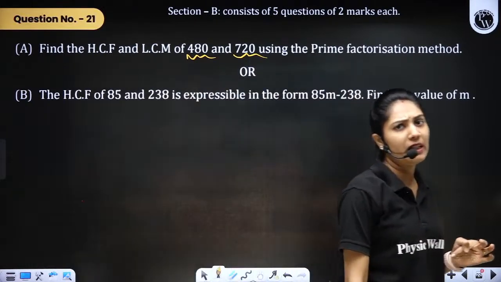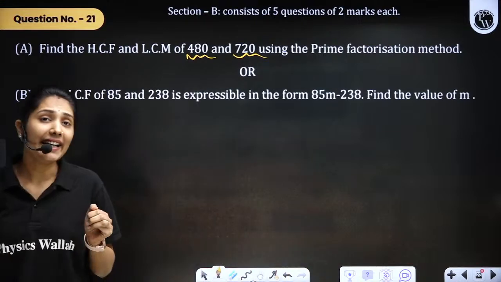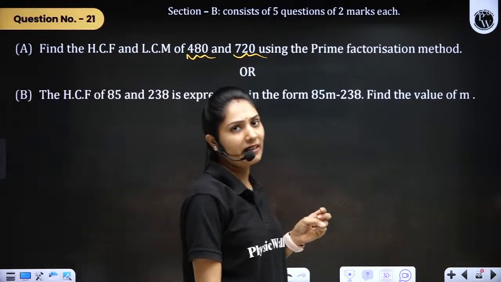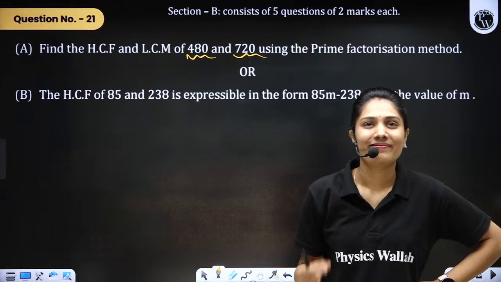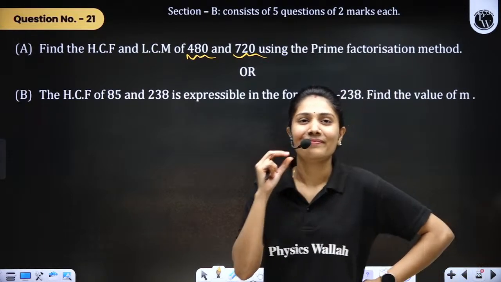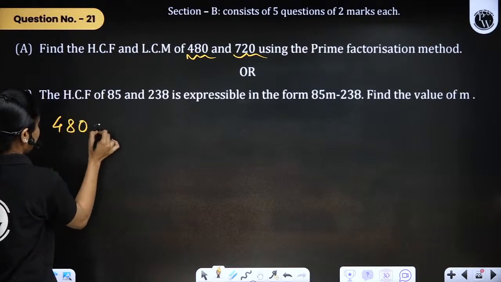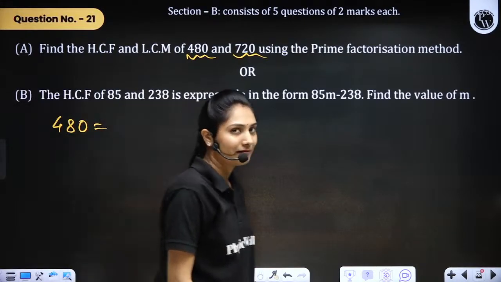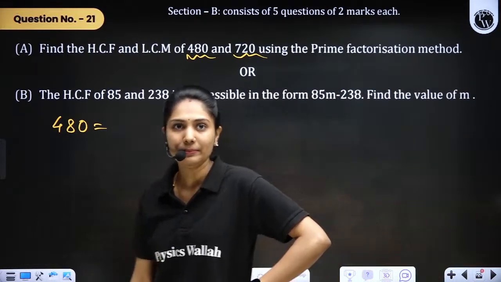Tell me what should be the prime factorization of 480, beta? I'm writing it directly, okay?